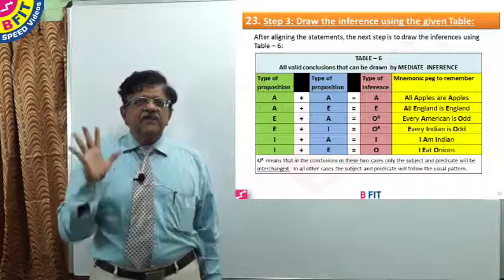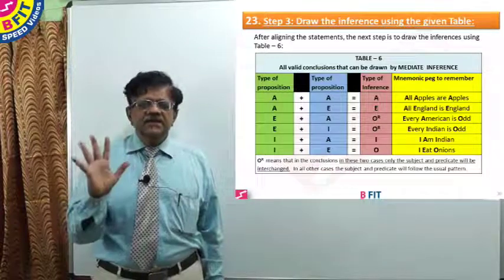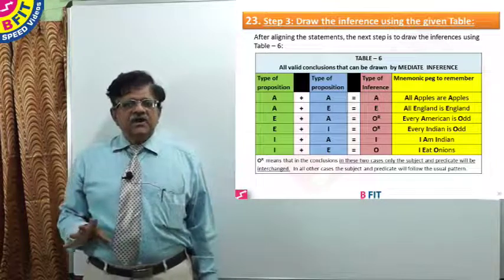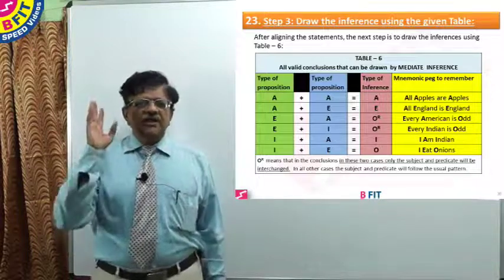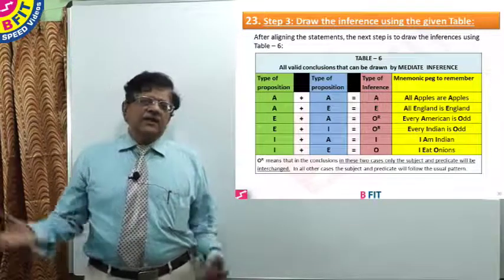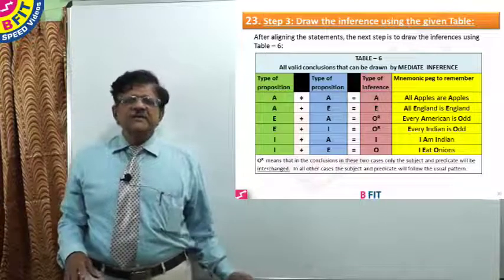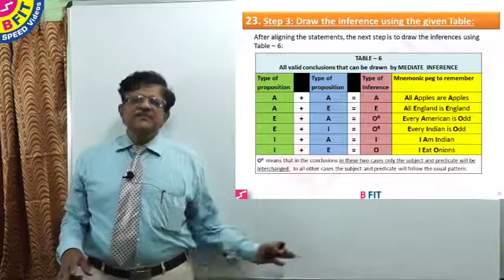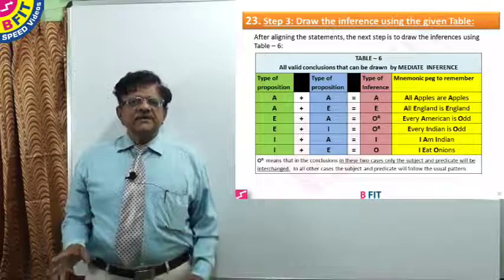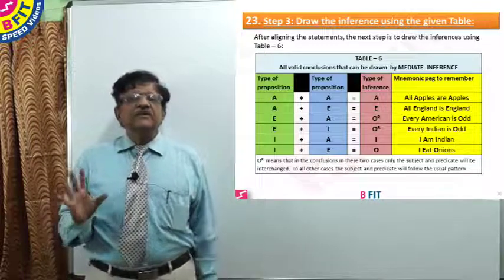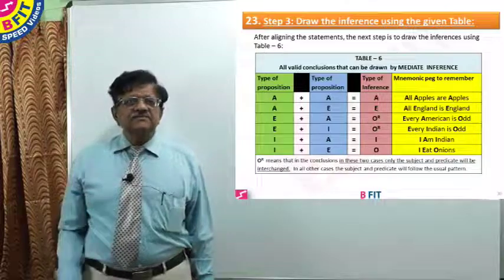There are only 6 valid inferences. I told you in the beginning there are only 11 valid inferences. You can draw thousands of conclusions and only 11 are valid. Out of that we have already seen 5 under the immediate method. Now under mediate inference we have got only 6 valid inferences. What are the 6 valid inferences?